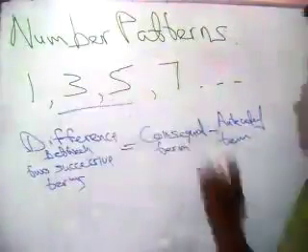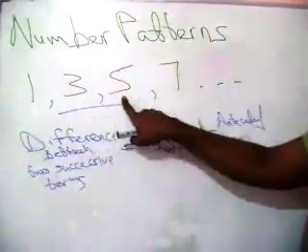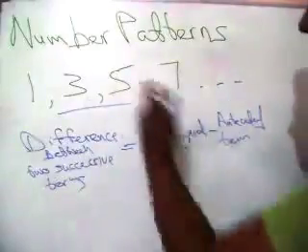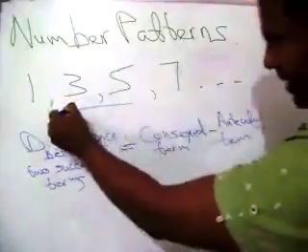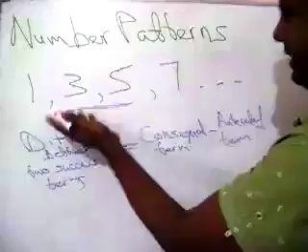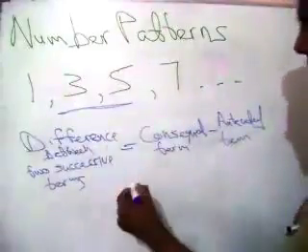If you take 3 and 5, 3 is the antecedent term and 5 is the consequent term. So how do I find the difference between two successive terms in this number pattern? We take two successive terms, it can be 1 and 3, 3 and 5, or 5 and 7, any two successive terms.